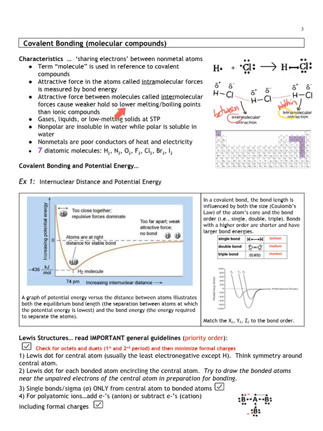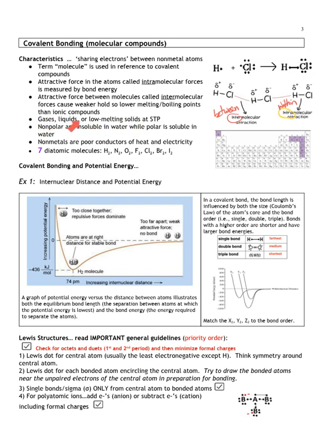These intermolecular forces are actually what guide the melting point and the boiling point. So when we melt a covalent compound or boil a covalent compound, we're not actually breaking the intra, we're breaking the inter. And that's why melting points and boiling points are guided by these intermolecular forces.